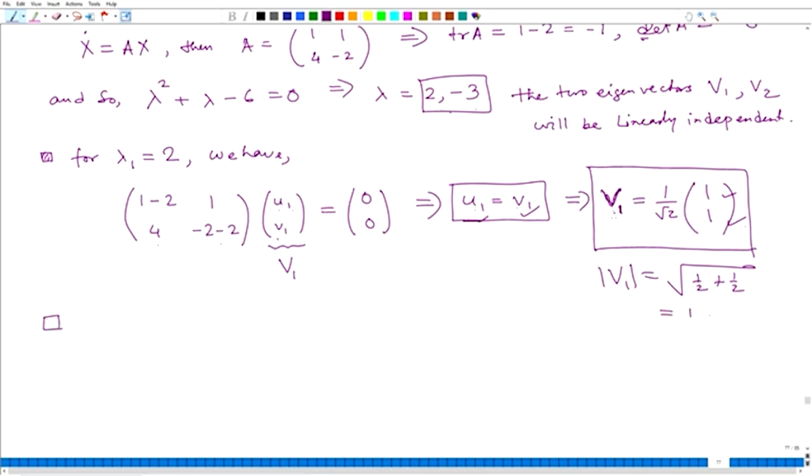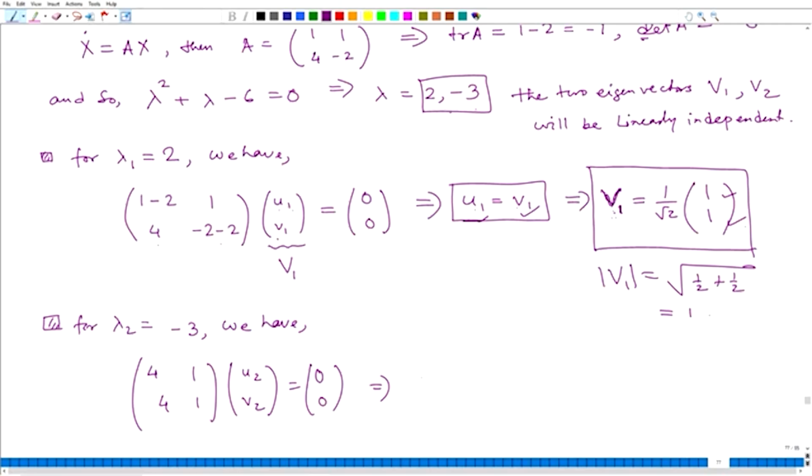Now, for lambda 2 equal to minus 3, we have similarly [4 1; 4 1] times u2, v2 equal to 0, 0.